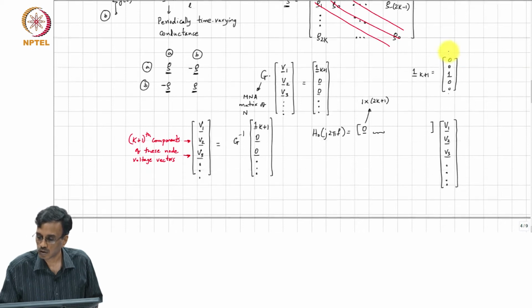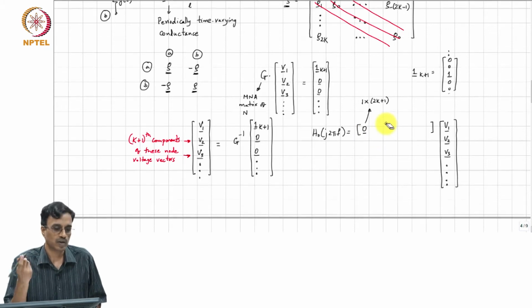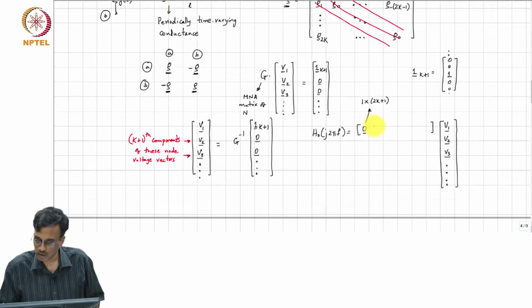So, if you want a row vector, you have to write the transpose. So, this is 1 k plus 1 transpose.